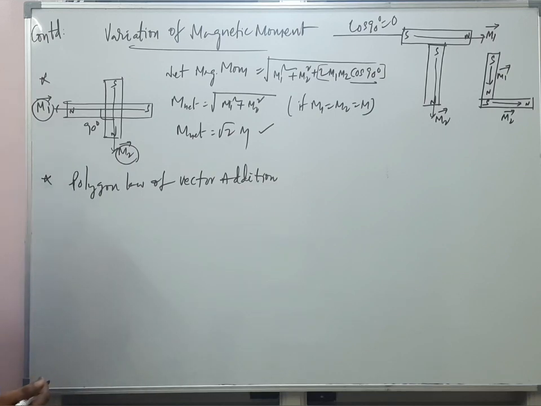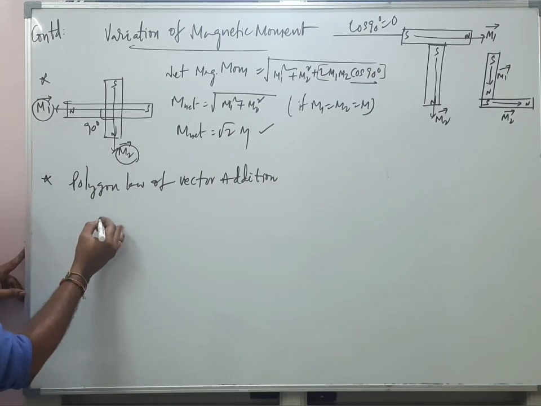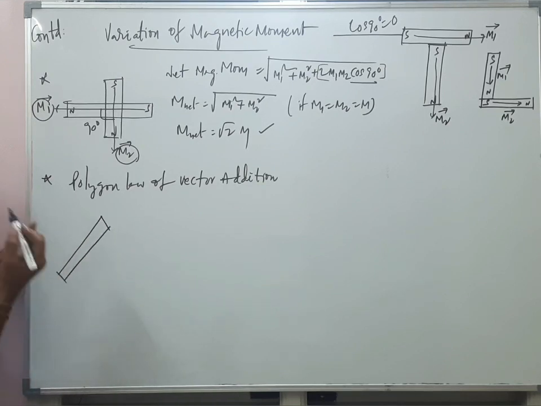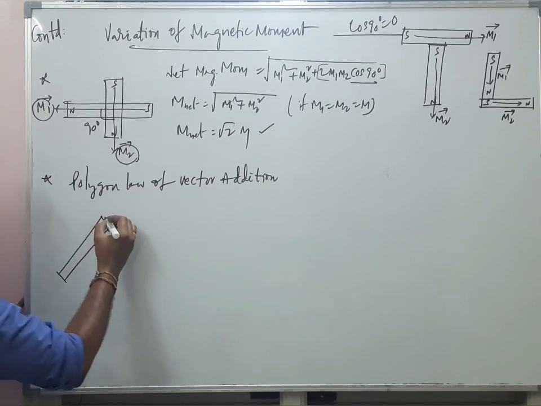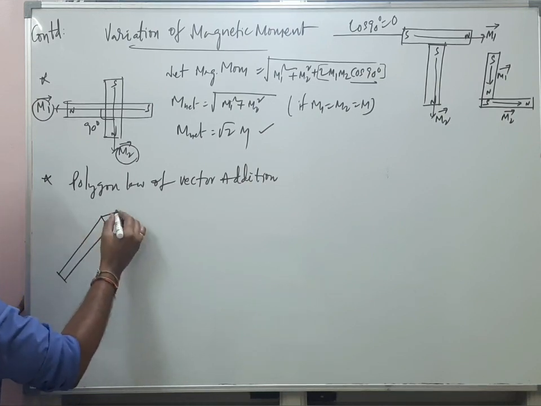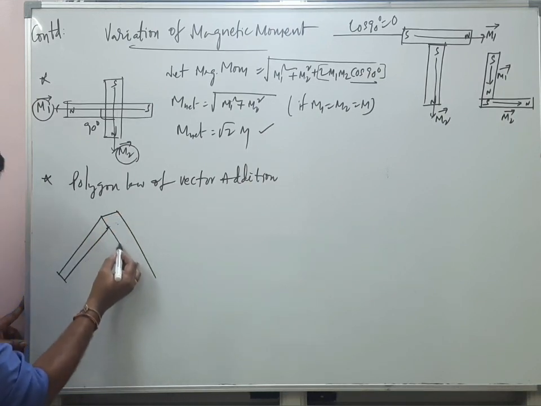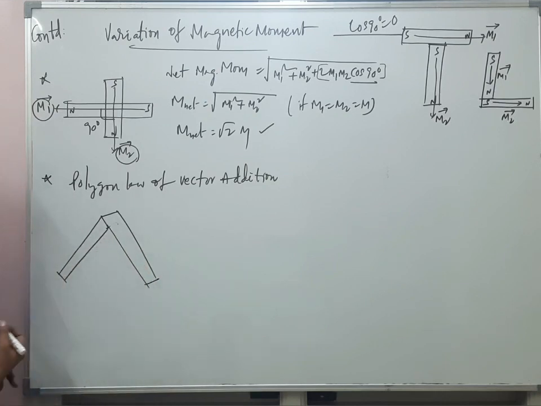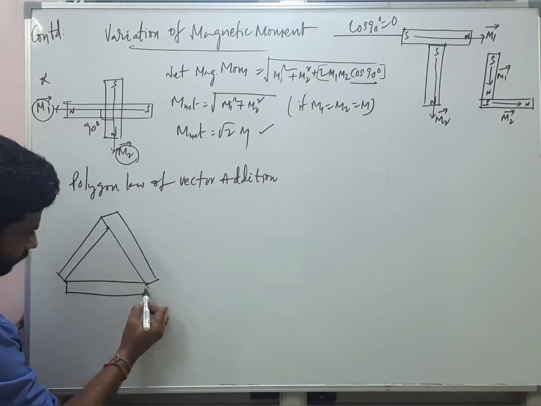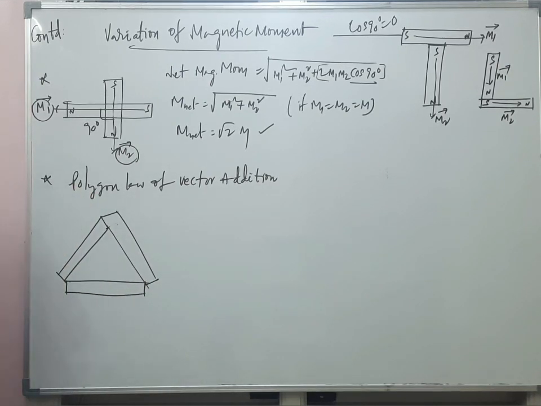According to this, there are three magnets, one, two, three, placed like this.